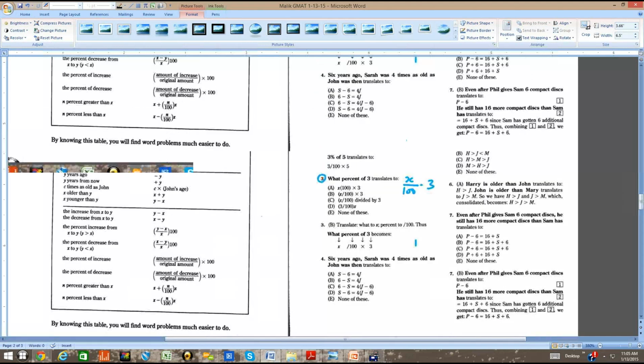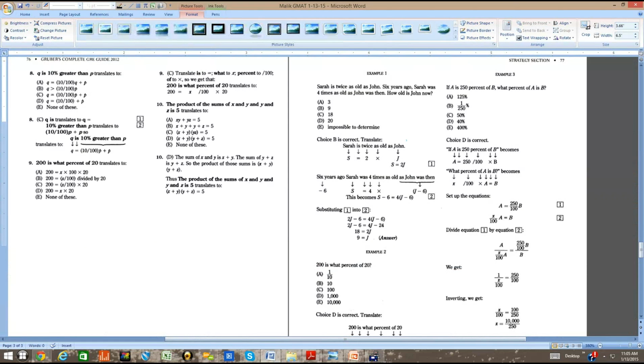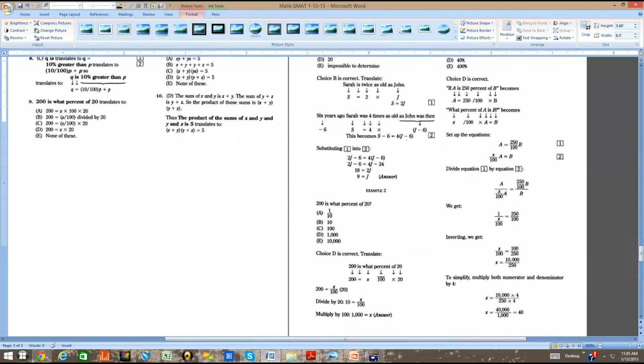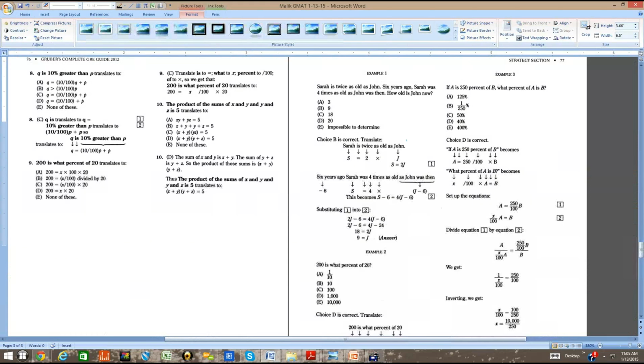Let's look at example 3 here. I'm going to do the program on the left, so some space. The clue is A is 250% of B. And the puzzle is what percent of A is B? This could be an exam question. It's a good exam question, actually.